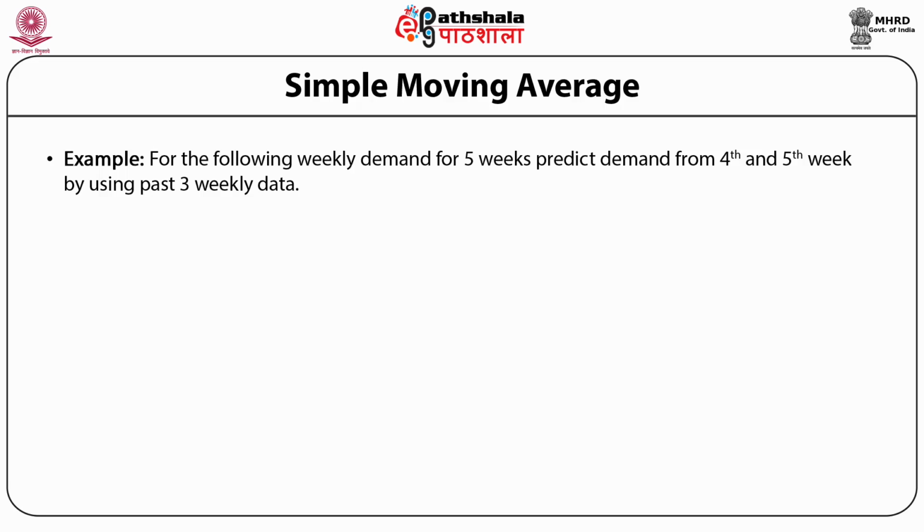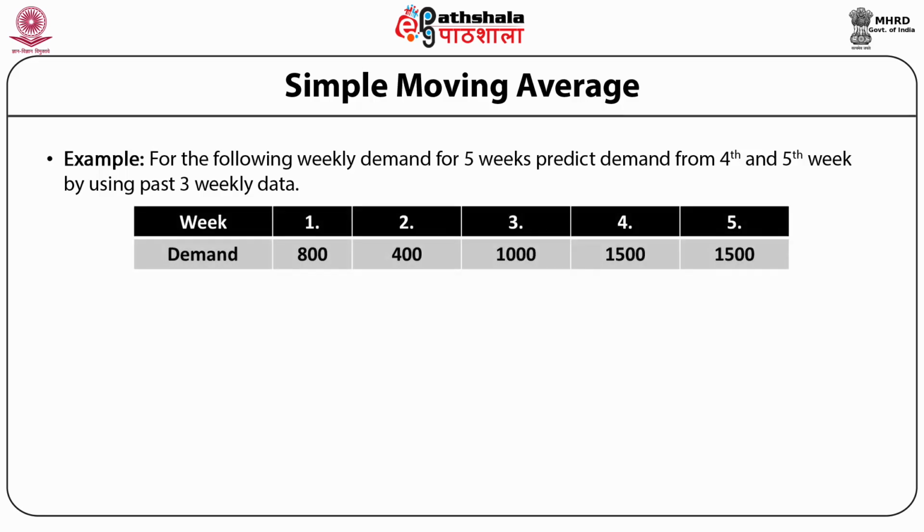In this example, the table indicates weekly demand for 5 weeks. And we need to predict demand for 4th and 5th week by using past 3 weekly data. For instance, the demand given for first week is 800 units, second week 1400 units, for third week 1000 units, and so on and so forth.